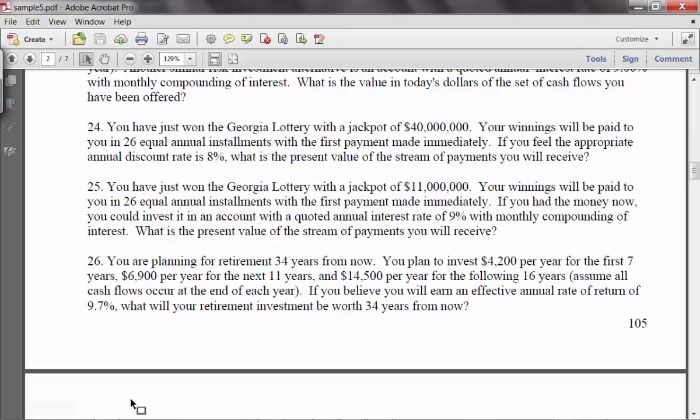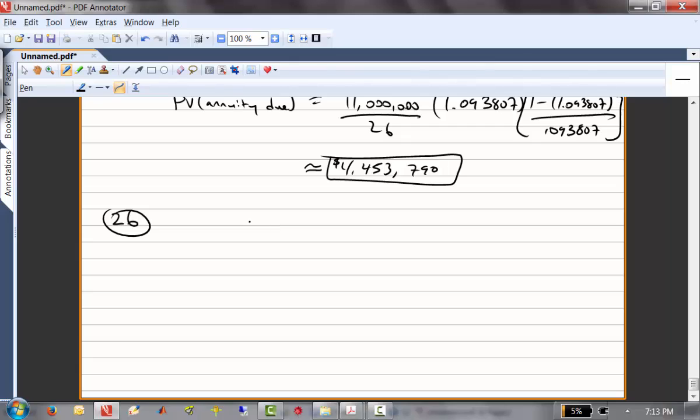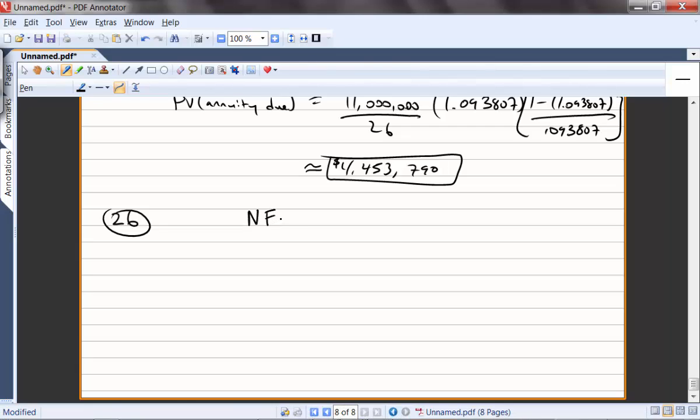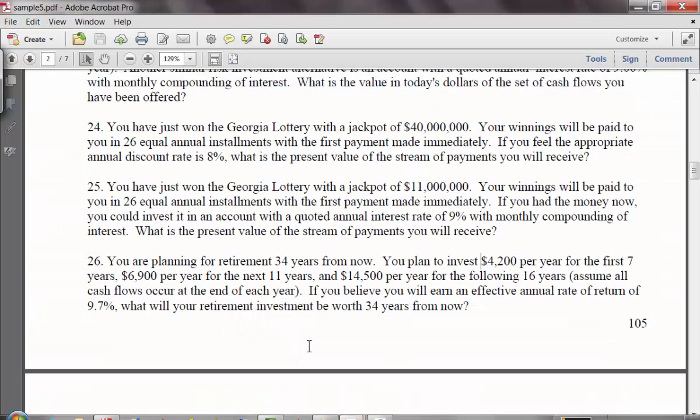So we need to recognize, though, that whatever the net future value of that is, the value of that account, putting 4,200 in, making 9.7% per year, do that for the first 7 years. Then in that same account, you put 6,900 in every year, making 9.7% every year. And then in the same account, you're putting 14,500 in every year for the rest of the 16 years, making 9.7%.